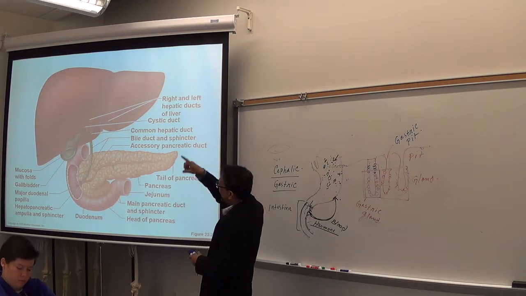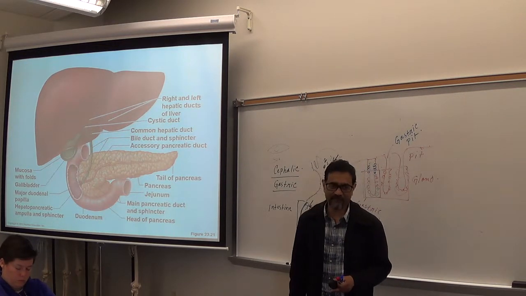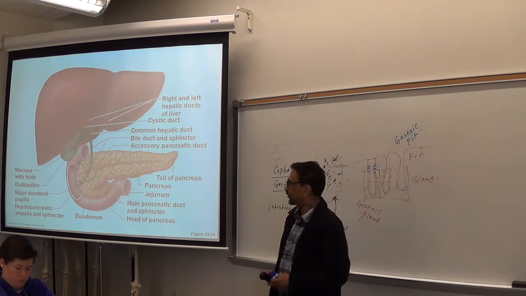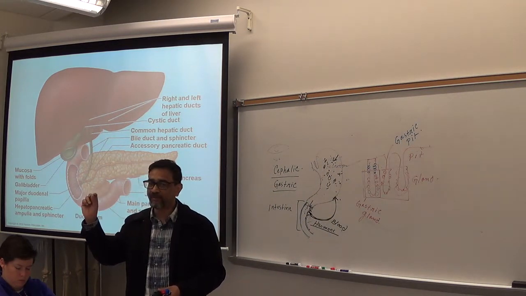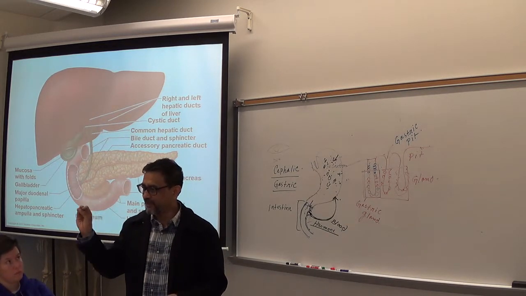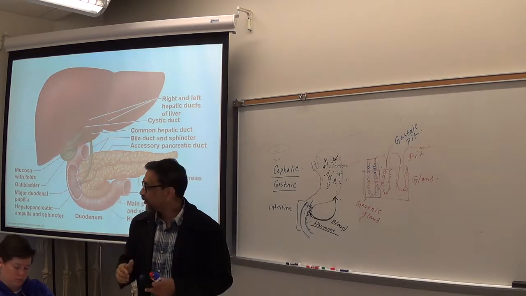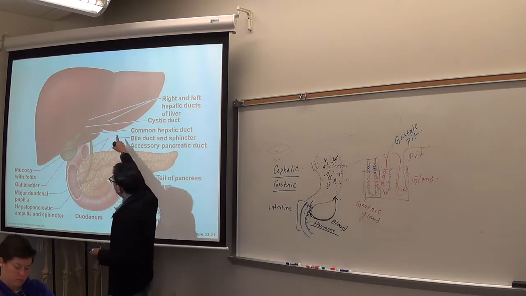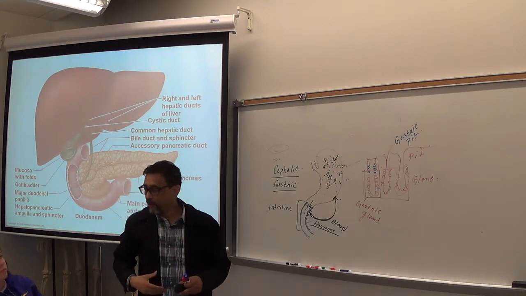Now let's see how the bile travels. Remember, bile is produced in the liver. So bile is synthesized in the liver. And the liver has a right lobe and a left lobe.